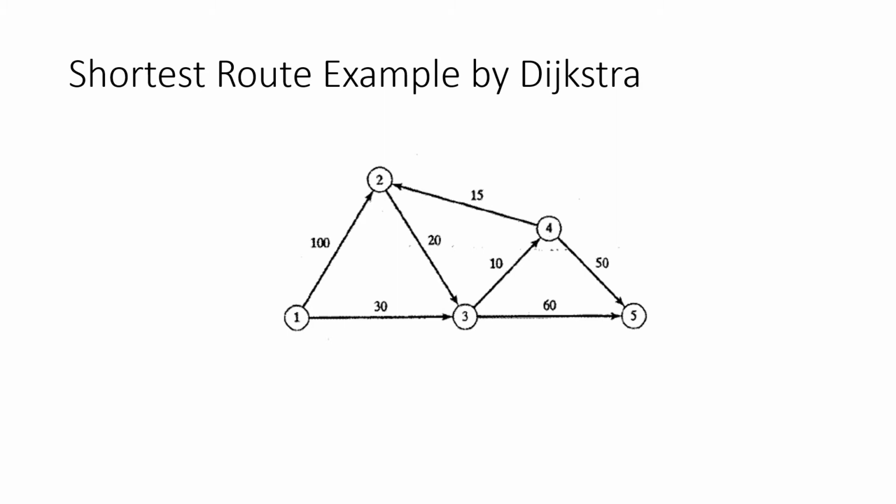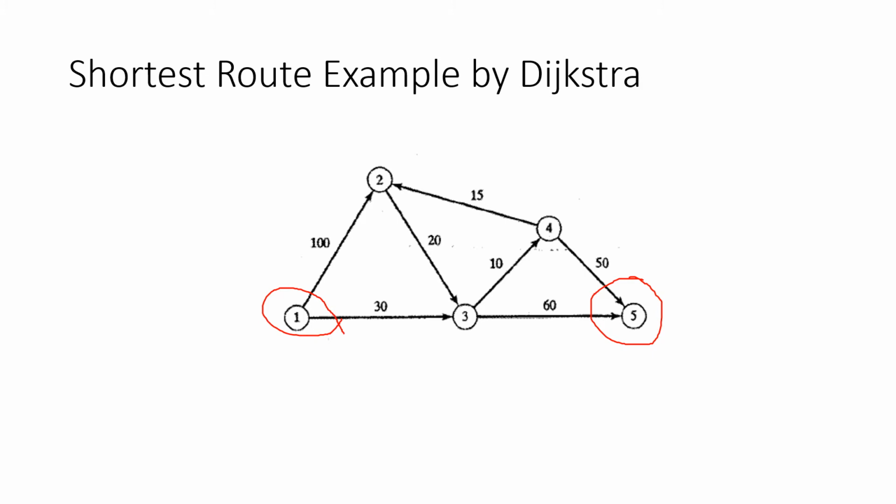Let's consider this example. We have this 5-node network, and we need to go from node 1 to node 5, from start till the end, using the shortest route, finding this route using Dijkstra's algorithm.